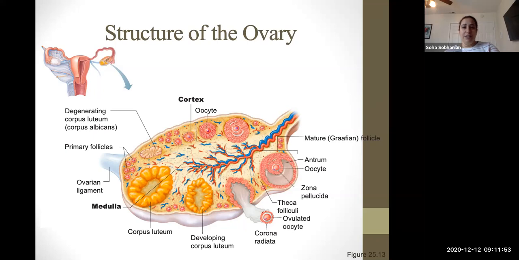As a woman ages, it's not like you choose this primordial follicle for this cycle or that one for the next cycle. As the hormones increase, with the elevation of estrogen and progesterone in the first days of the cycle, multiple primordial follicles start this process, but many of them are unsuccessful and only one reaches the Graafian follicle.